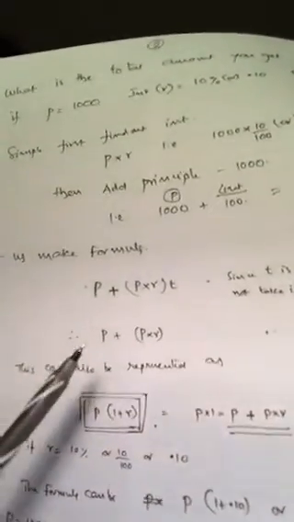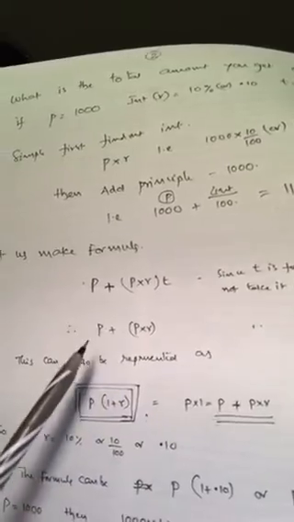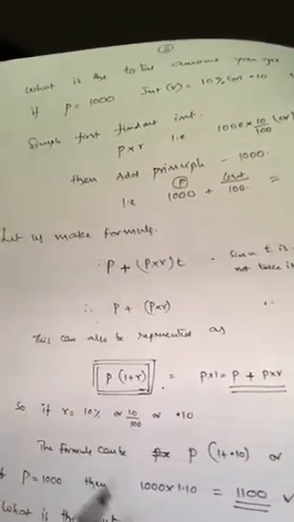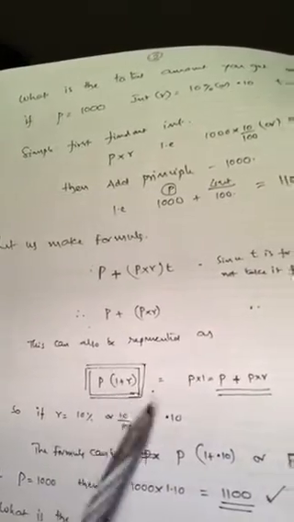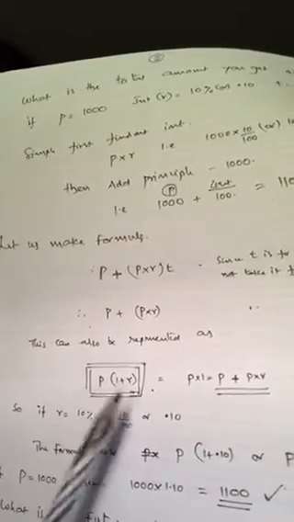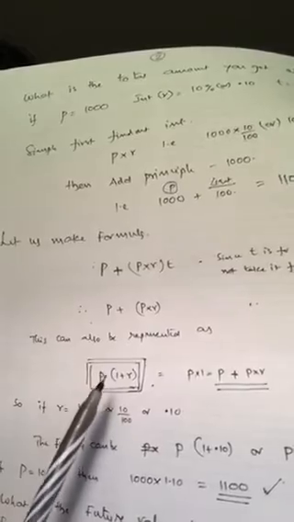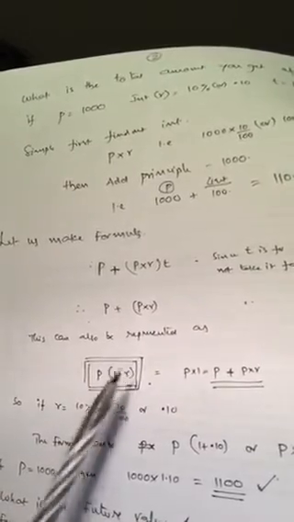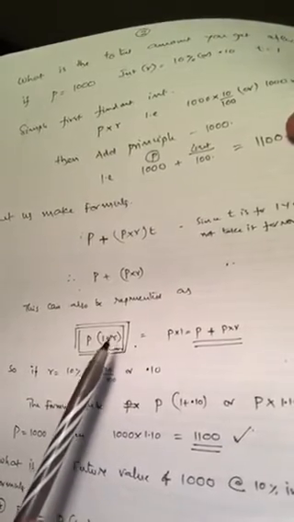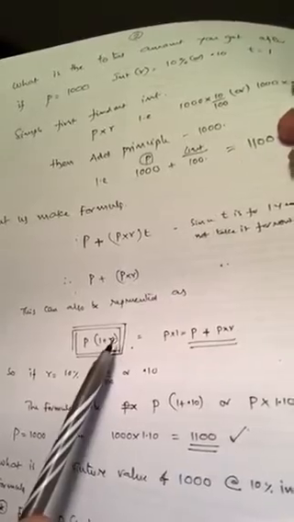Now this can also be written, taking P as common, as P into 1 plus R. Suppose you open this bracket, what will happen? P into 1 is P, plus P into R is PR. So the same formula can be represented as P into 1 plus R. Now, we said previously that R can be represented either as a fraction or with a decimal point.